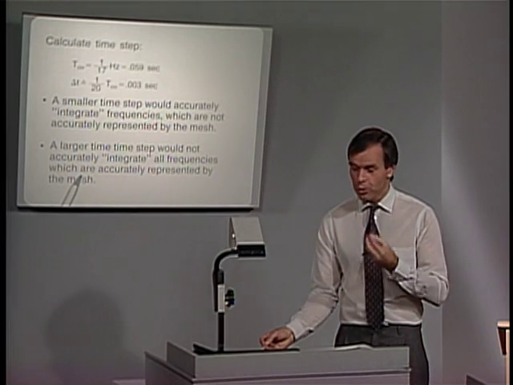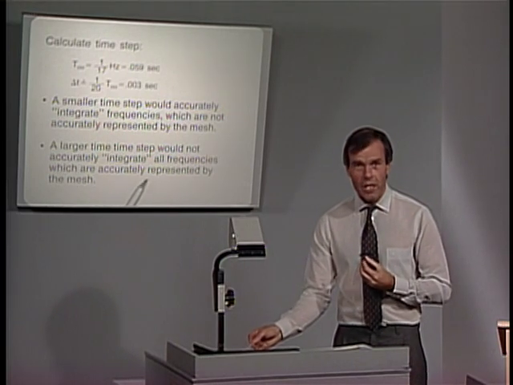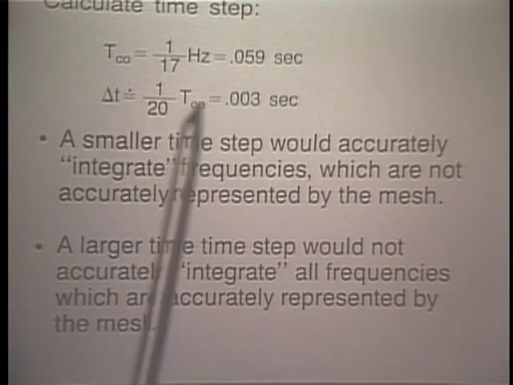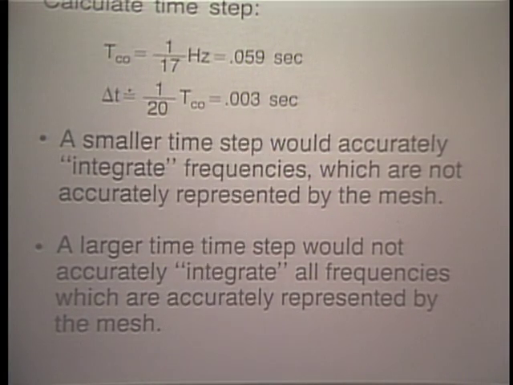It is not good to choose a larger time step because your mesh is chosen to represent the frequencies up to 30 Hz quite accurately, and to get all of what you can get out of the mesh, so to say, you want to take a time step that is selected in accordance with the mesh. And that time step selection gives you this result here, 0.003 seconds.